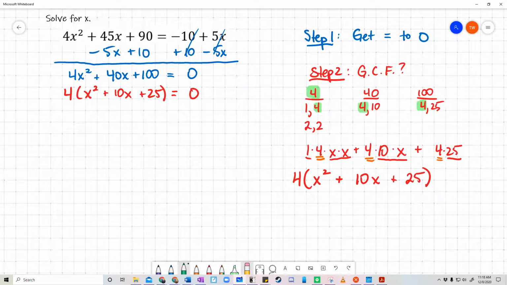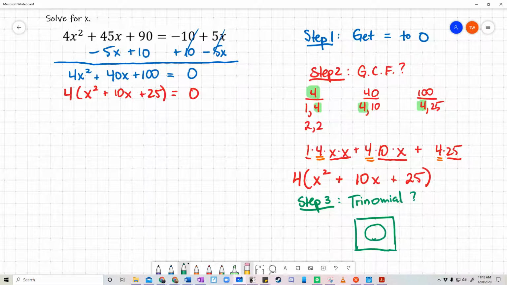Now my next layer of factoring, I'm going to say that this is a whole separate step, is can we factor that trinomial that's inside the parentheses? So can I find factors of 25 that multiply to 25 and add up to 10?